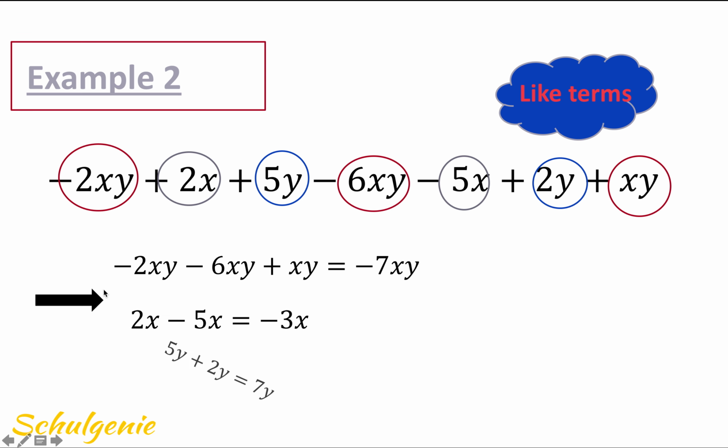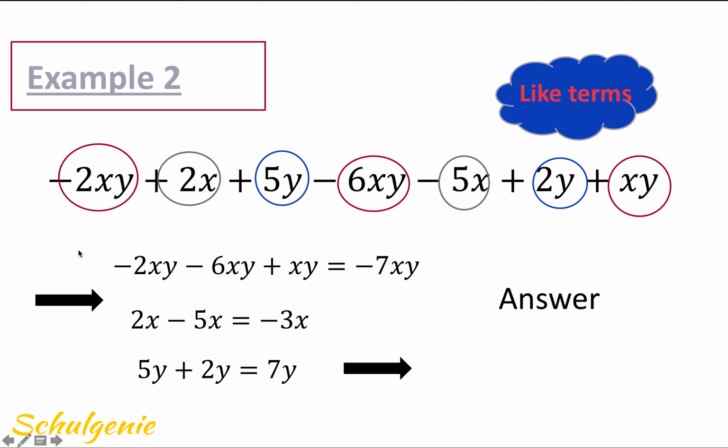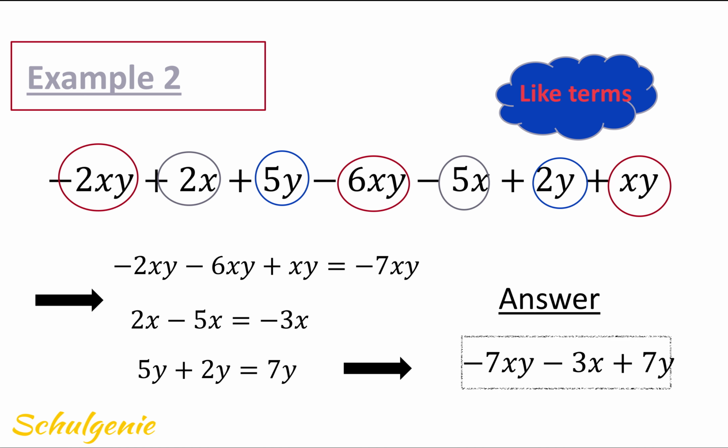Last but not least, we have the terms in blue, 5 plus 2, 7, and then the variable y. We then add all of the like terms we just solved, and the answer will be negative 7xy minus 3x plus 7y.